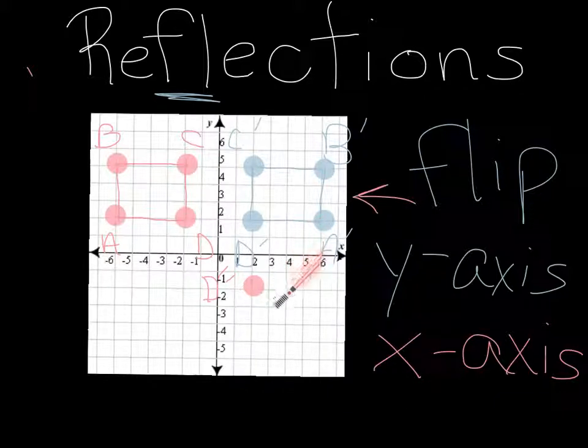A, 1, 2, 1, 2, and that becomes A prime prime, 2 times. C, 1, 2, 3, 4, 5. 1, 2, 3, 4, 5.